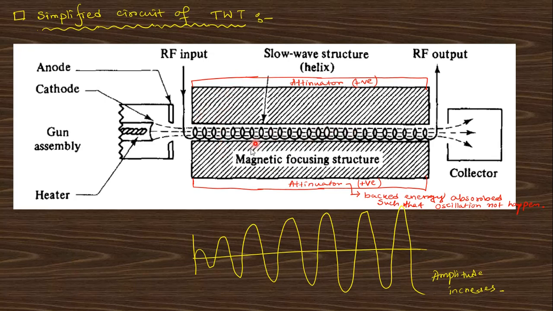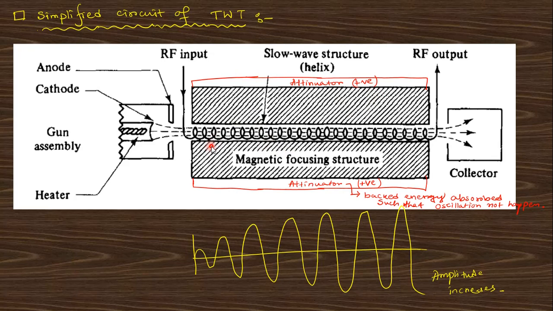If you take this free space, so the speed of this RF wave will be like that, 3 into 10 to the power 8 meter per second, but the speed of the electron is lesser because the mass of the electron is greater than the mass of the photon, or you can say the photon rest mass is 0. So the speed of electron is lower, but we need to transfer the energy from electron to RF power, we need to amplify, right.